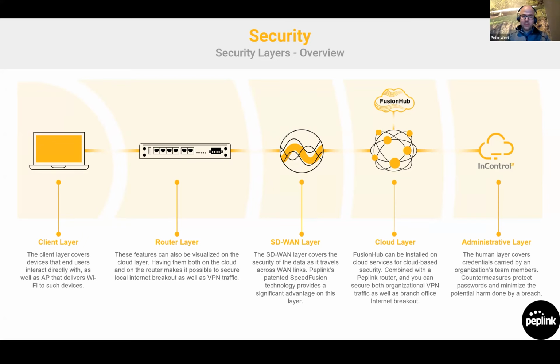And then we talk about the SD-WAN layer. We can talk about how SpeedFusion itself, by what it does inherently, adds an incredible level of security to your network, with or without encryption, just by its nature. Then there's the cloud layer, which goes right into the InControl layer. The cloud layer is how we secure access to our cloud applications like Google, Amazon, Microsoft, or other ones.